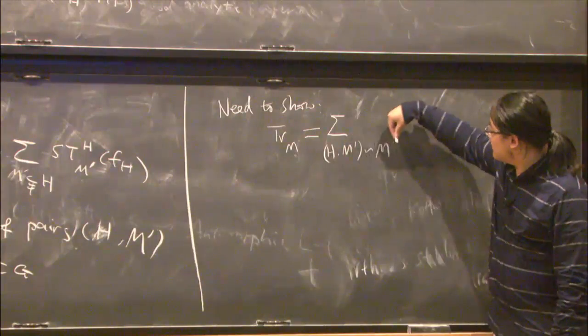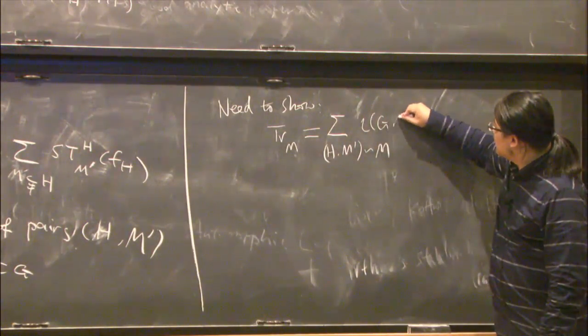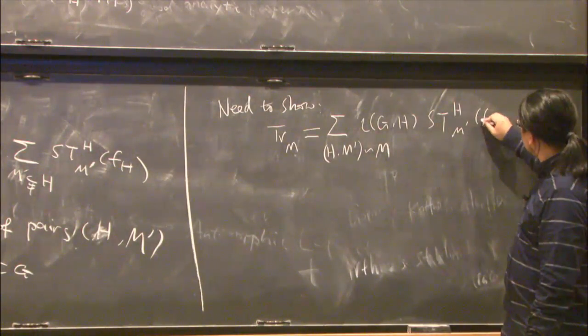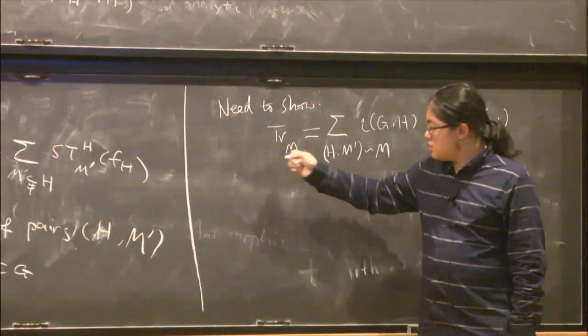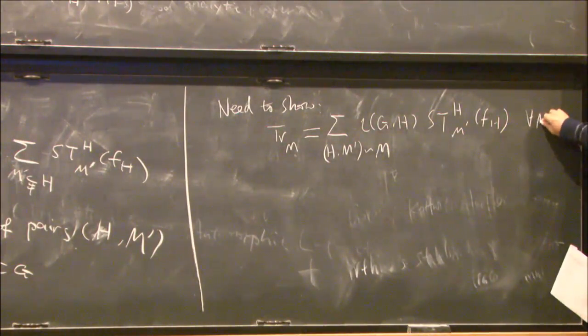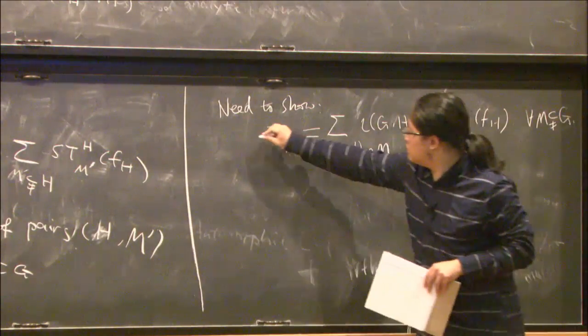If they are labeled with M, then the sum of the contributions of these should be equal to the contribution of M to the Shimura variety.